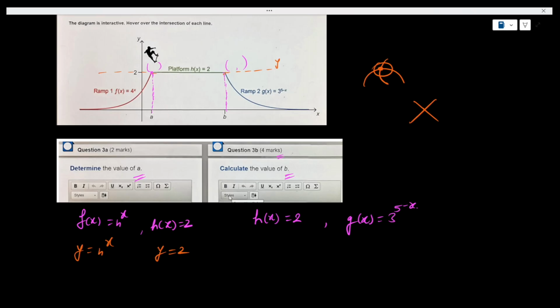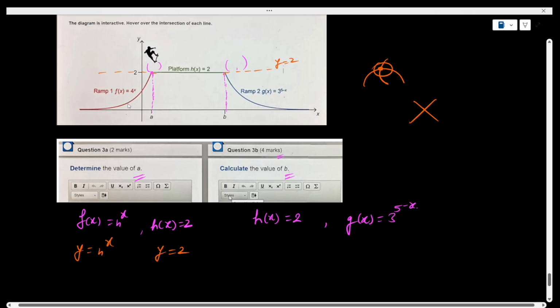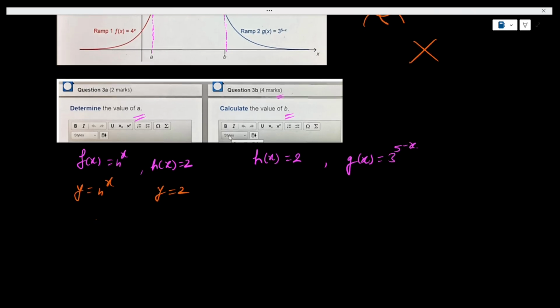So this represents y equals 2, which is given in the form of h of x equals 2. Now if you equate these two, we get 4 to the power x is 2, and you know that this is an exponential equation. So I have to make both sides the same base. 4 can be written as 2 squared. So 2 to the power 2x and 2 to the power 1.